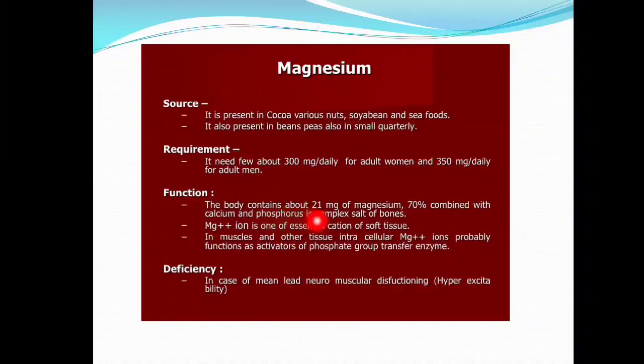The body contains about 21 milligram of magnesium, 70% combined with calcium and phosphorus in complex salts of various bones. And the magnesium 2 plus ion is one of the essential cations of soft tissues. And of course, in muscles and other tissues, intracellular Mg2 plus ions probably function as an activator of phosphate group transfer enzymes.